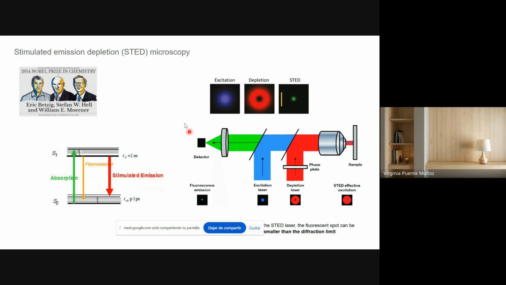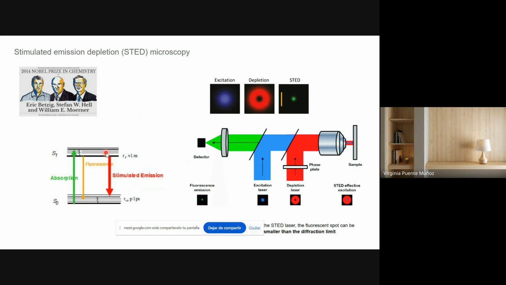For STED microscopy, a red-shifted STED laser, a depletion laser, is needed, which has a donut shape around the excitation laser spot. With this depletion laser, we stimulate the fluorophores in the excited state to come to the ground state without emitting fluorescence.